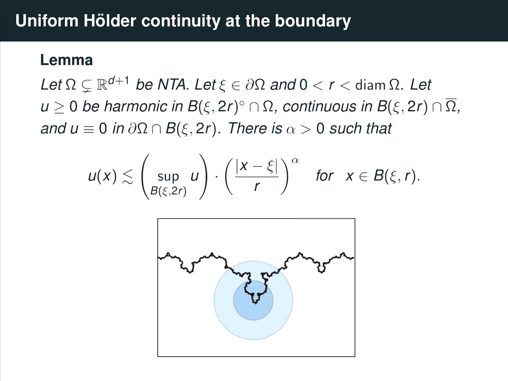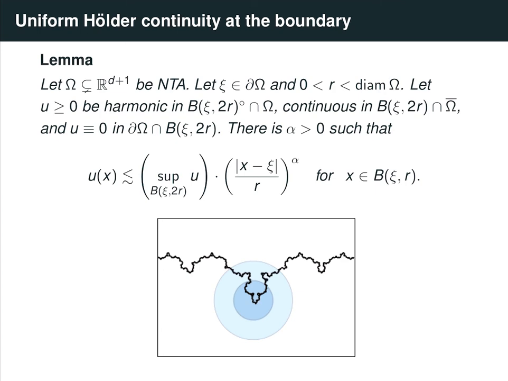So the next lemma concerns not harmonic measure, but harmonic functions in non-tangentially accessible domains. Loosely speaking, the lemma says that if we have a harmonic function u that's non-negative inside the domain omega, but vanishes continuously on the boundary, it actually vanishes even better than continuously. It vanishes Hölder continuously.